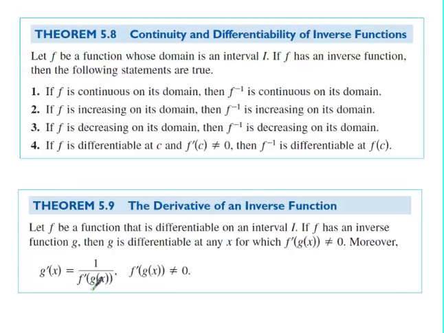This right here is the inverse. That's what g is said to be. So when it says g prime of x, that means the derivative of the inverse.